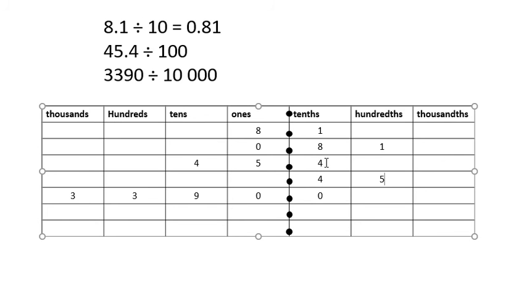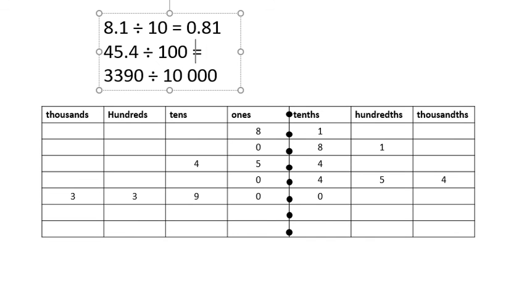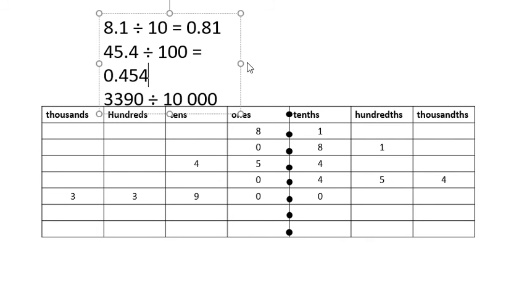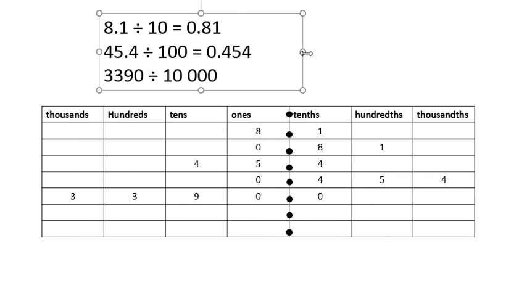And this 4 tenths becomes 4 thousandths. So our quotient is 0.454. In other words, 4 tenths, 5 hundredths, 4 thousandths. And that's another way of showing that one.